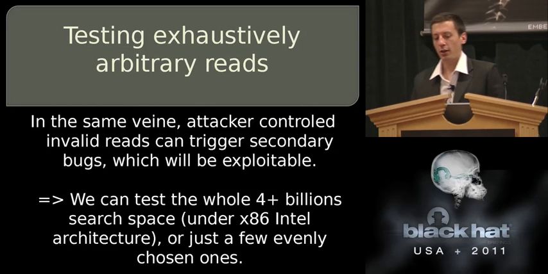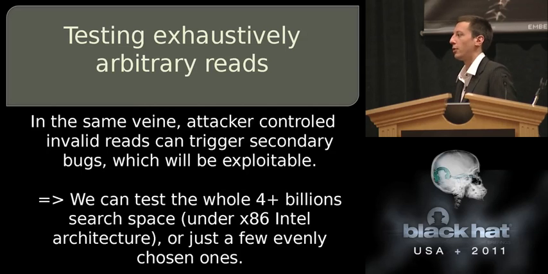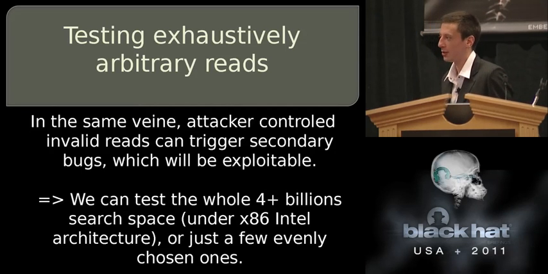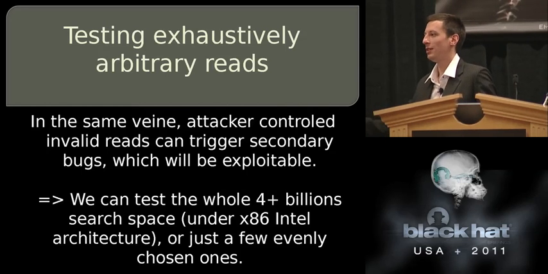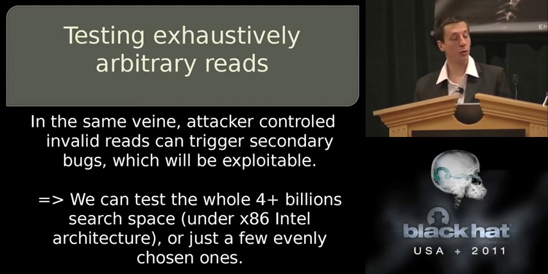To do that, either we can try the 4 billion possible values on 32-bit, but this is going to take ages. So a good heuristic would be to try just a few evenly spaced values among all the search scope.